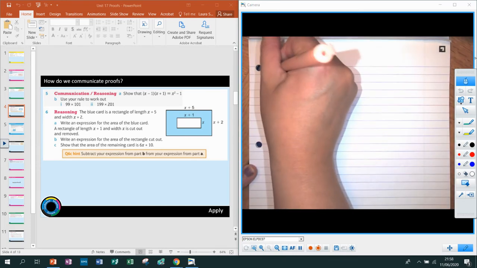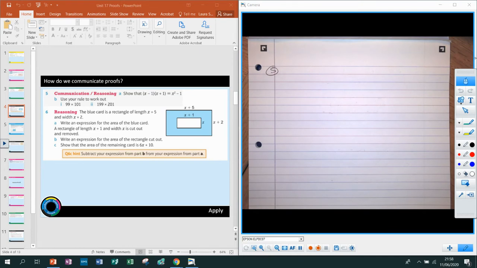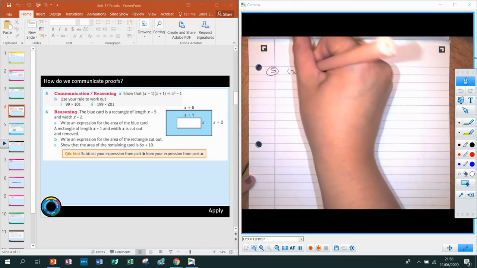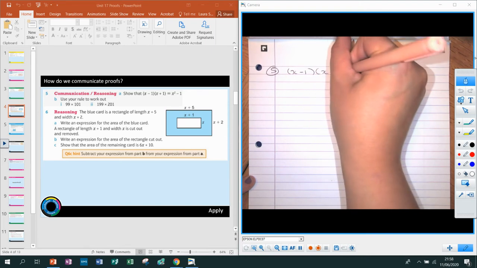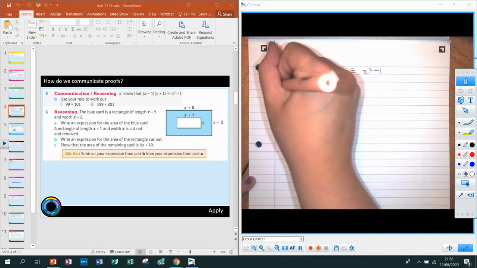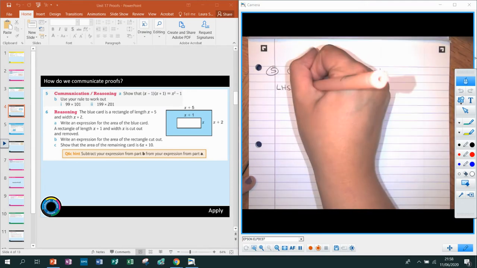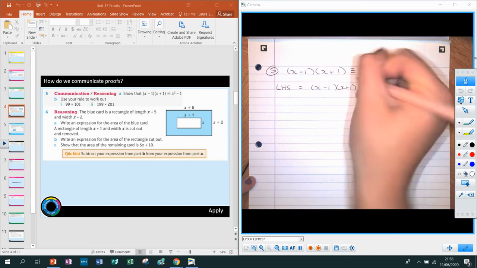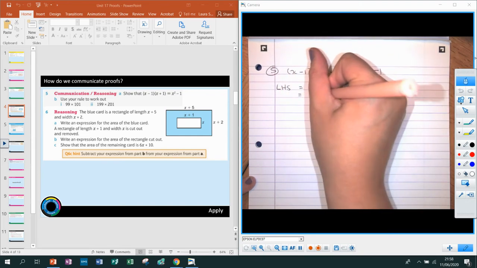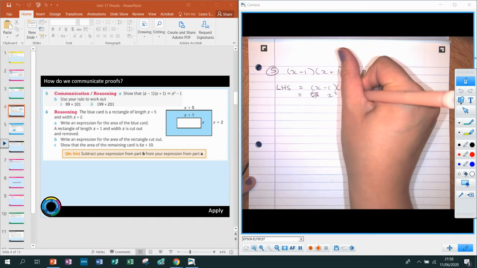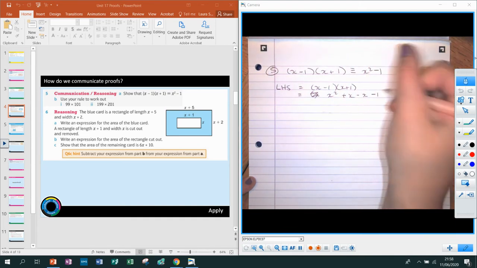Okay, so let's look at question 5 first. This is a communication question. It says to show that x minus 1 times x plus 1 is always equal to x squared minus 1. So we start with the left-hand side: x minus 1 times x plus 1, which equals x squared plus x minus x minus 1.